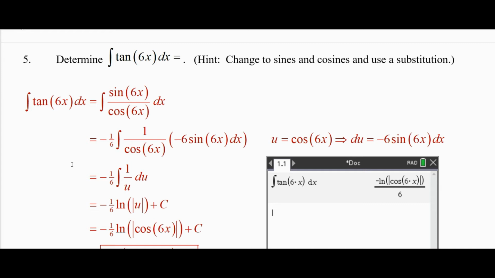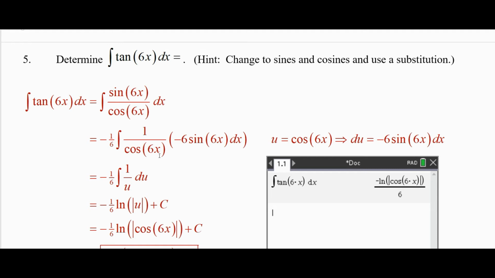So that turns out to be negative 6 sine of 6x times dx. Well, we pretty much got everything except for the negative 6. So you put a negative 6 here and a reciprocal negative 1/6 out front, and this works out right. So this becomes 1 over u, and all this right here becomes du.